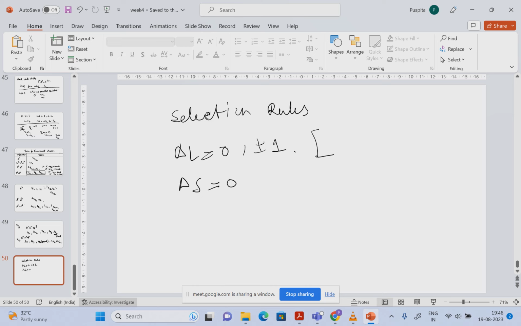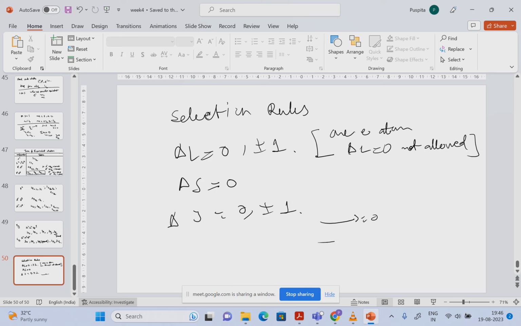But for a one-electron atom, delta L equal to 0 is not allowed, only delta L plus or minus 1. Here also, J equal to 0 to J equal to 0 is not allowed.